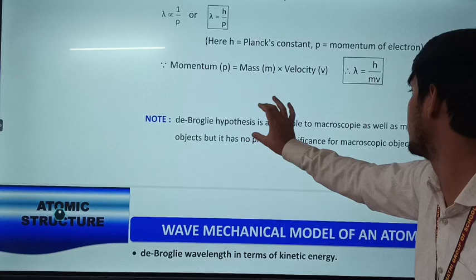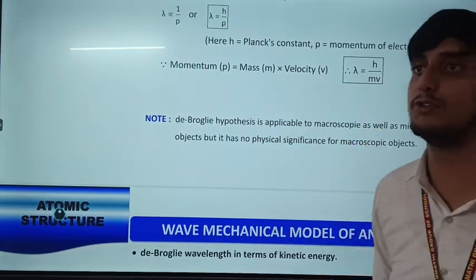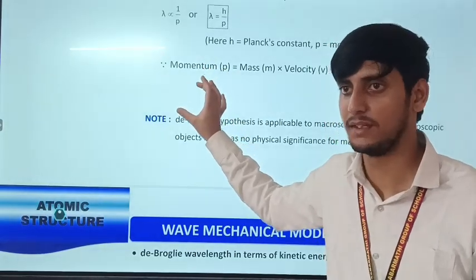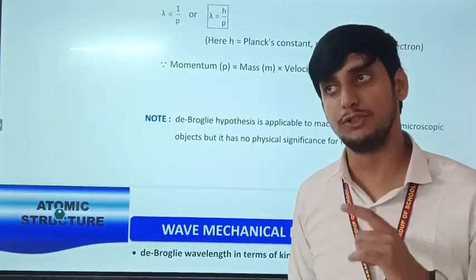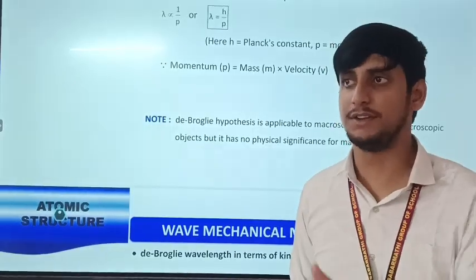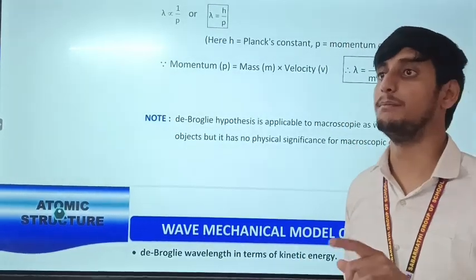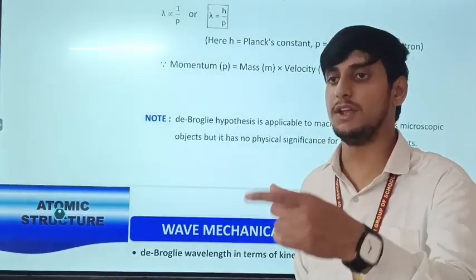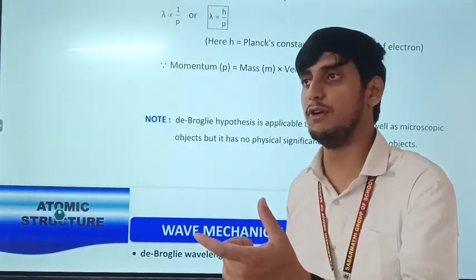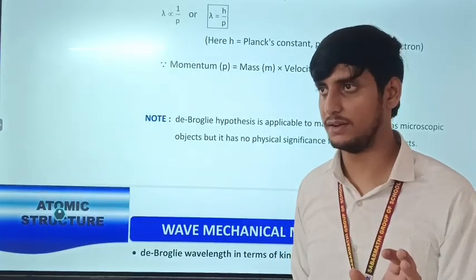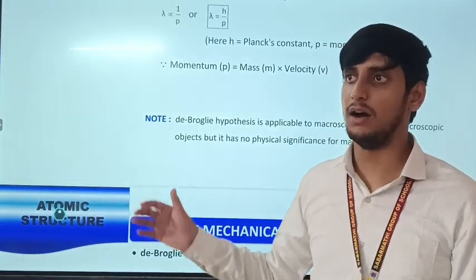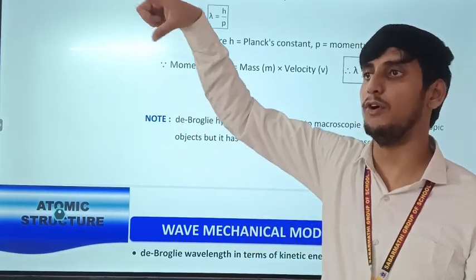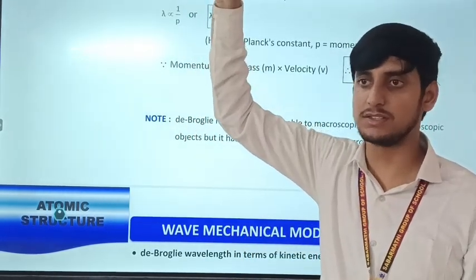The de Broglie hypothesis is applicable for macroscopic as well as microscopic objects, but for macroscopic objects it is not significant. After calculating for macro objects, we get a wavelength of the order of 10 to the power minus 34 or minus 35.